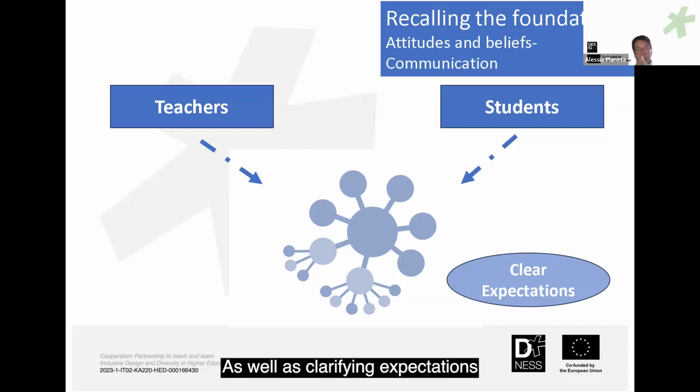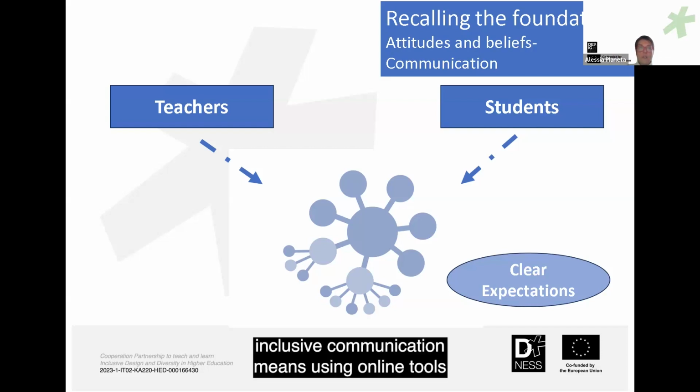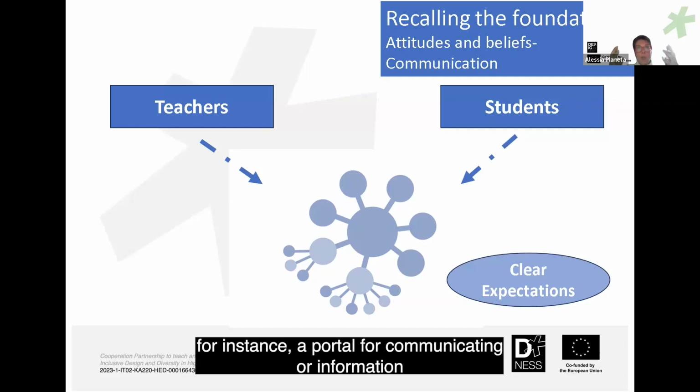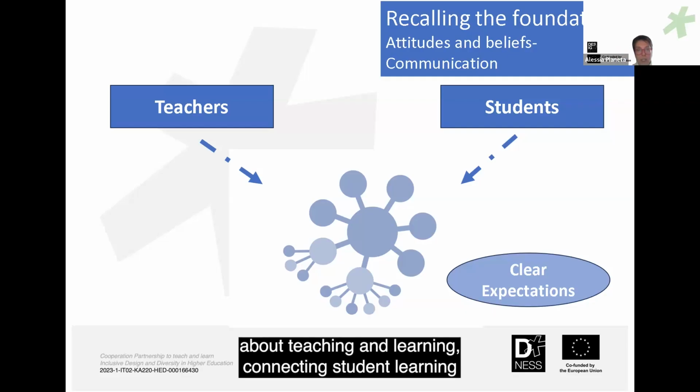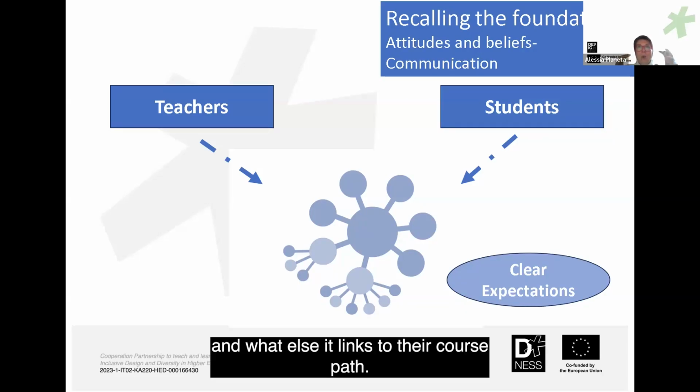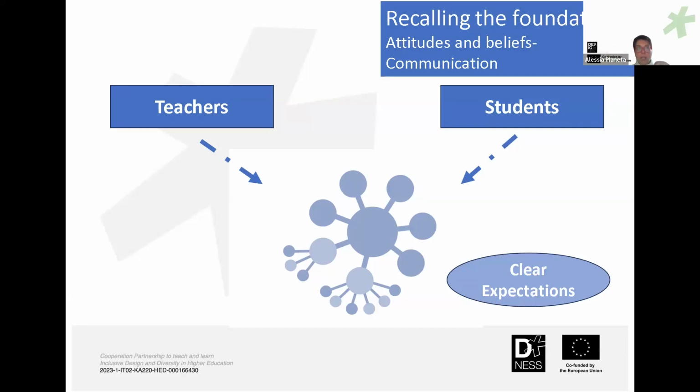As well as clarifying expectations, inclusive communication means using online tools. For instance, a portal for communicating all information about teaching and learning, connecting student learning. That means making clear why they are learning that specific thing and what else it links to in their course path.